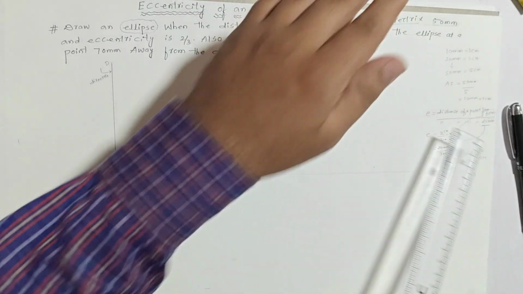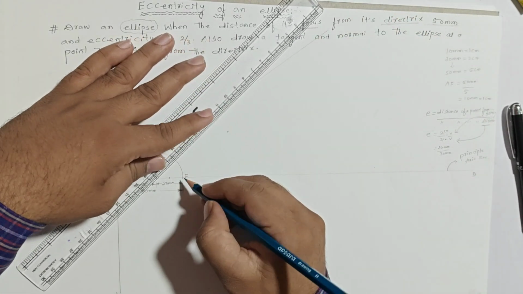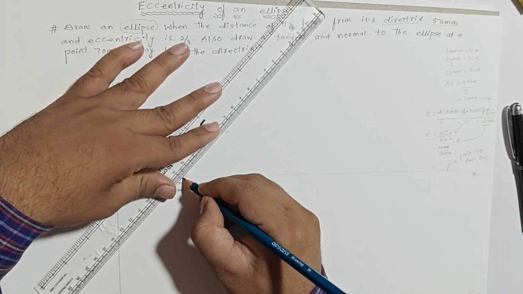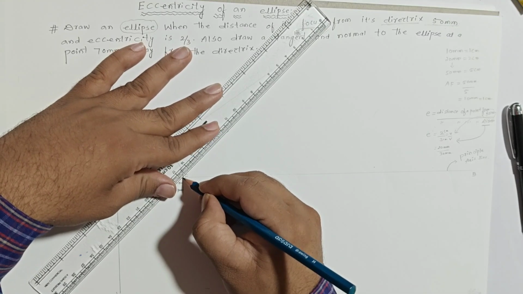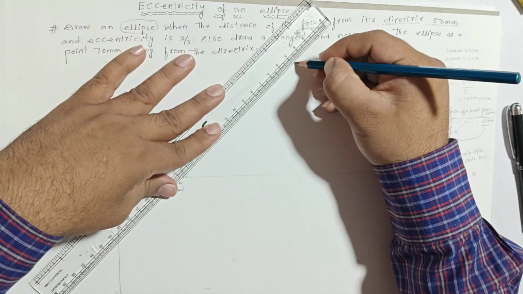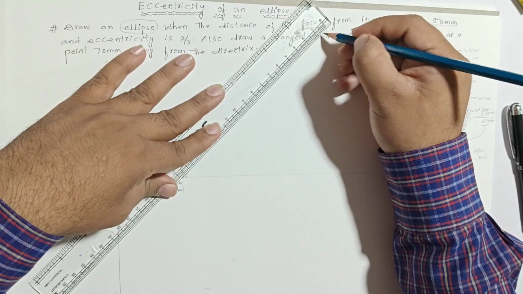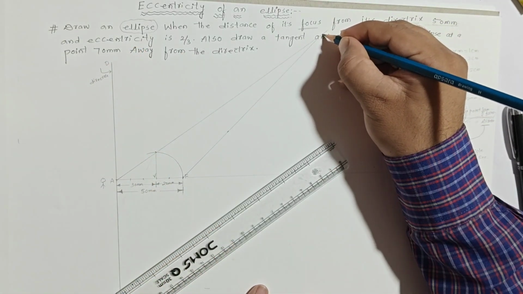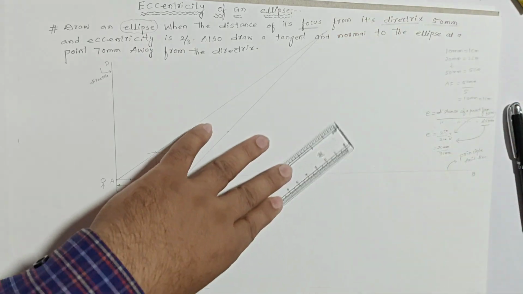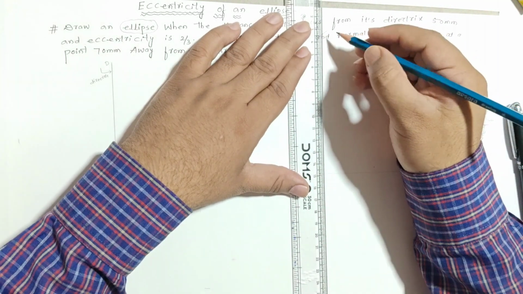Then you need to pass from the focus point, this line should intersect at a particular inclined line. If it intersects at this point, from this point you need to draw the vertical line.